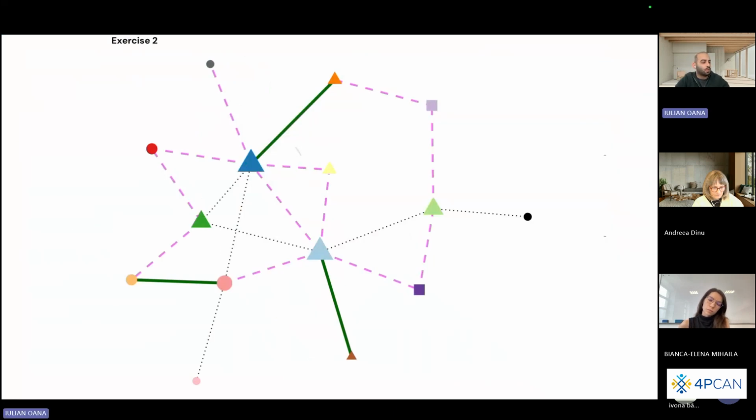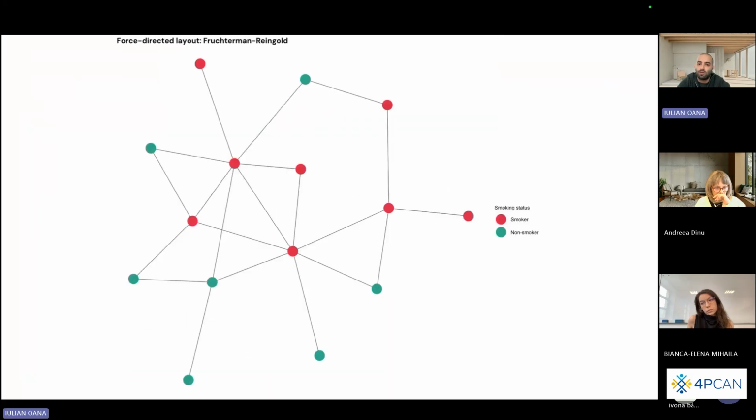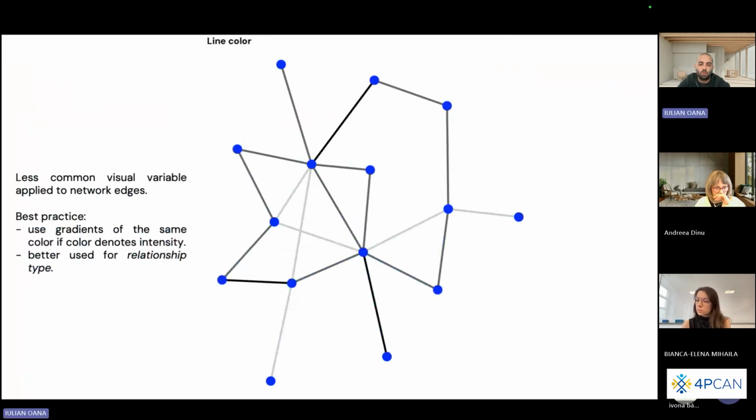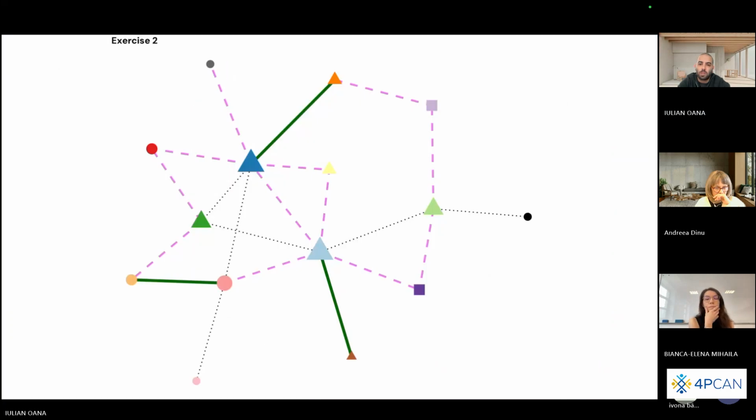Now, let's do a second exercise with a network which is small. So it's the same structure that I've shown you here. But let's see, what are the problems here?